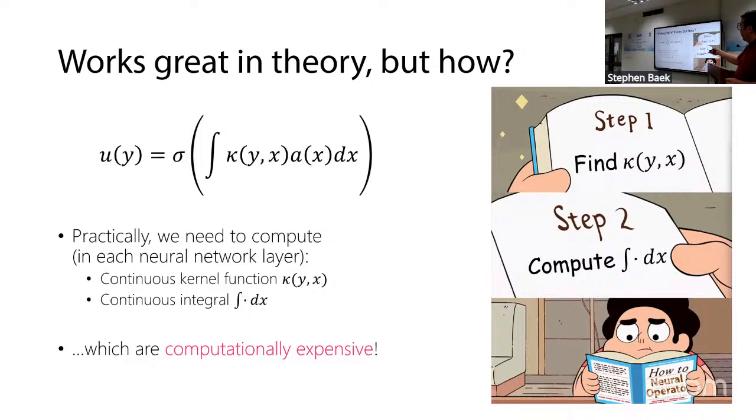How do we calculate kappa, the kernel function, is one thing. We've got to find a way to somehow model this. And then also the integral. Whenever you see an integral operator, you have to be concerned, because an integral requires a lot of computational resources to compute. It's not easy to compute an integral. So how do we do those two things is a practical consideration for the implementation of the neural operator.